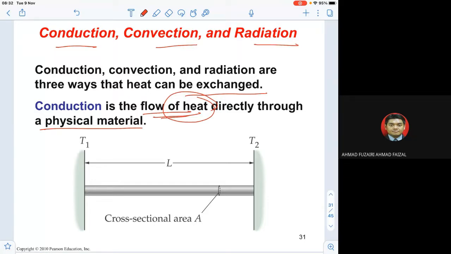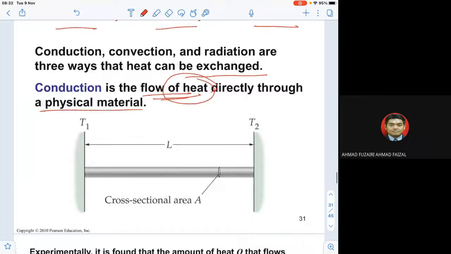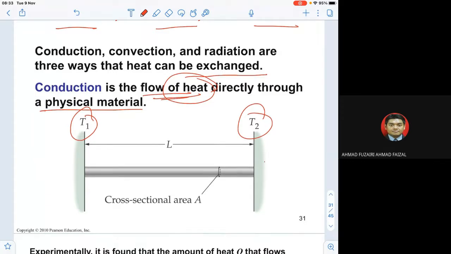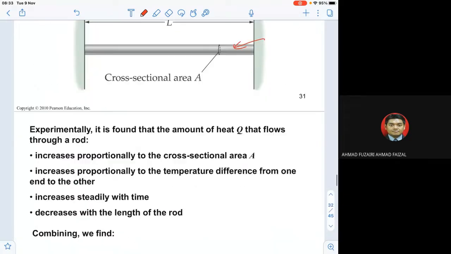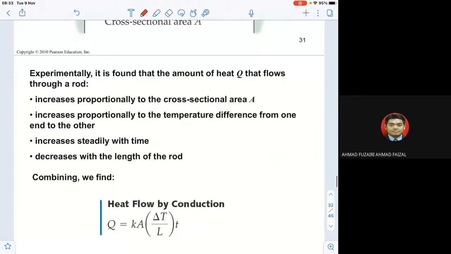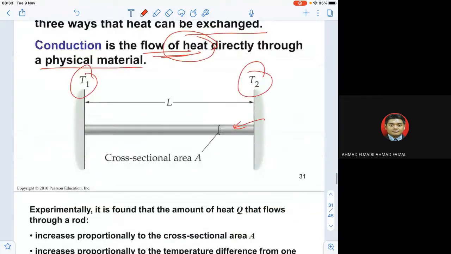If you want to conduct heat from T1 to T2, it can be transferred using this kind of rod. If you have one body, let's say this is object number one and object number two, this is temperature one and temperature two.